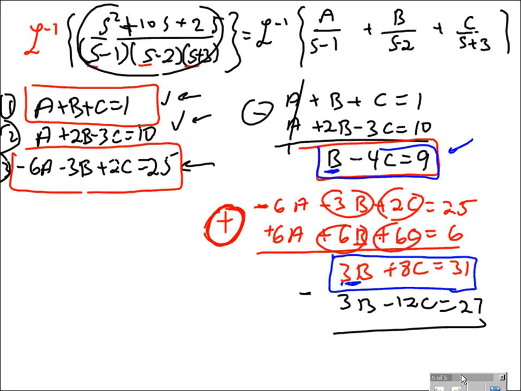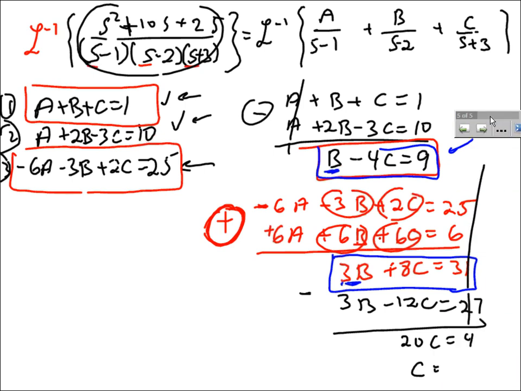Let me make sure I multiply by 3: 12, 27. Okay. If I subtract, I get 20 c's is equal to 4. So c is 4 over 20, or 1/5. So we now have what c equals. c is equal to 1/5.